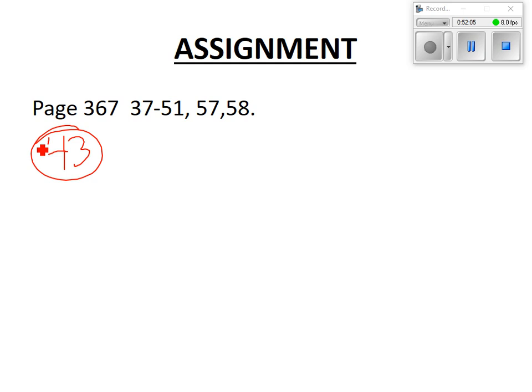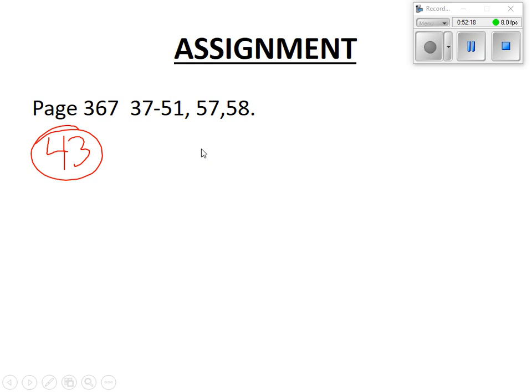In exercises 43 through 48, consider each claim. If a hypothesis test is performed, how should you interpret a decision that A, rejects the null, B, fails to reject the null?